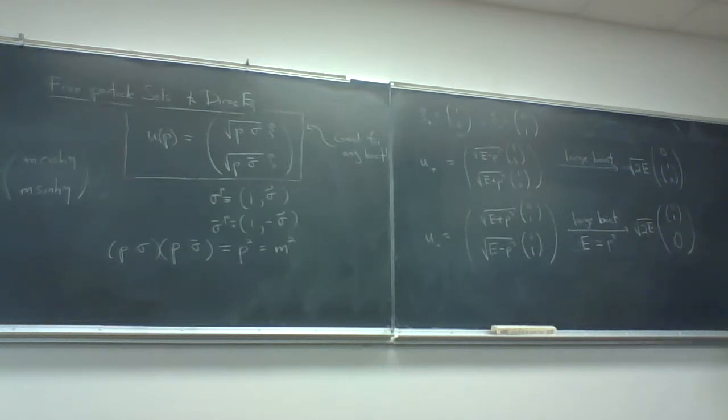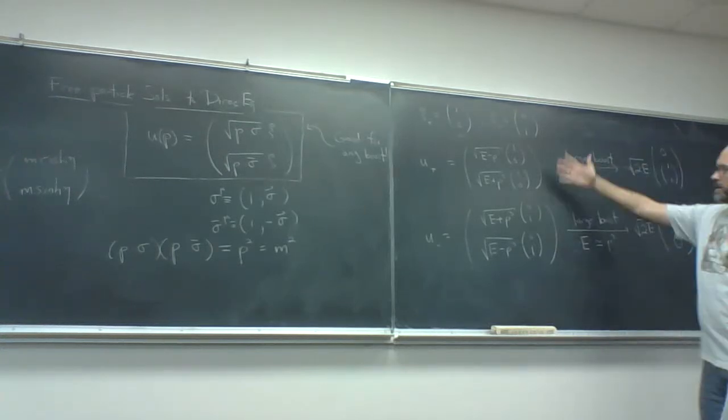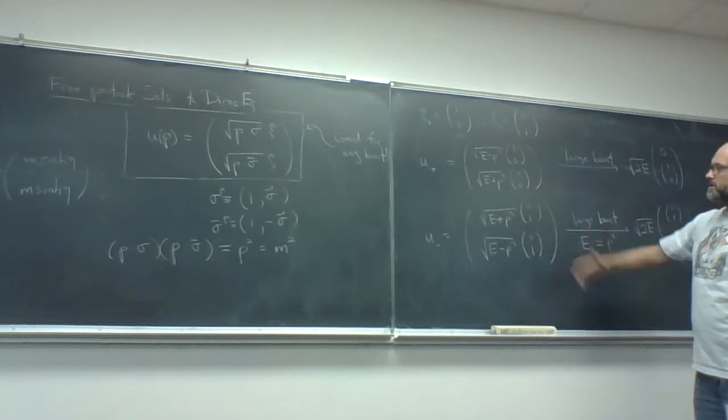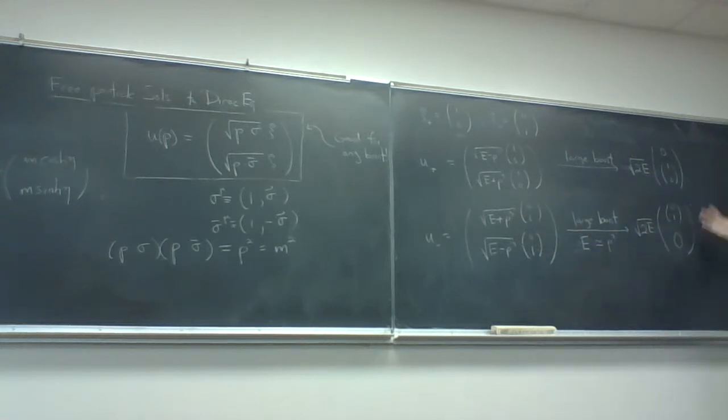All right, so what are we seeing? Well, what we're seeing is that in the large boost limit, our four component spinner solution is decomposing into two component spinners. Okay, which is exactly what we would want for our spin 1/2 case, for massless particles, spin 1/2.